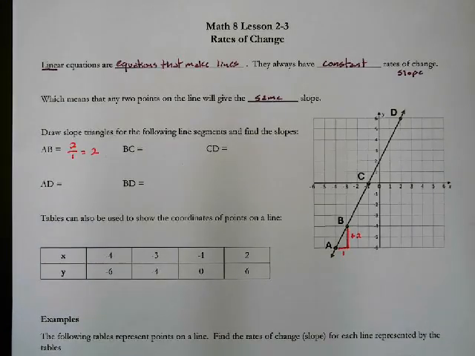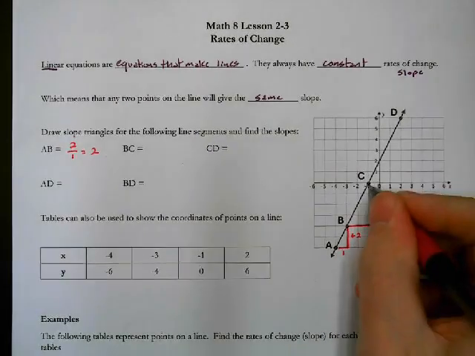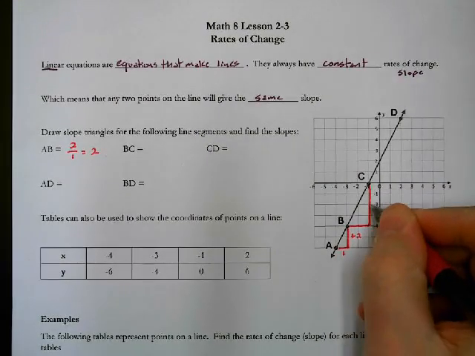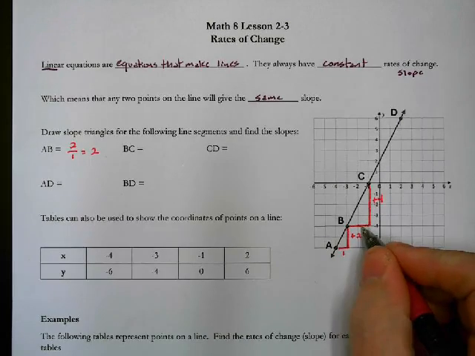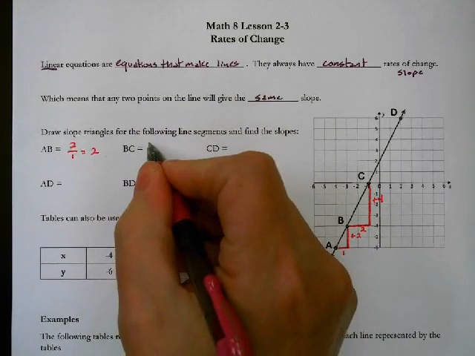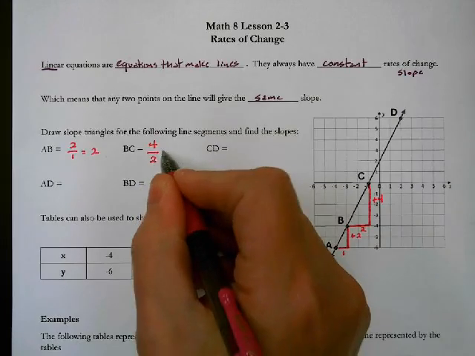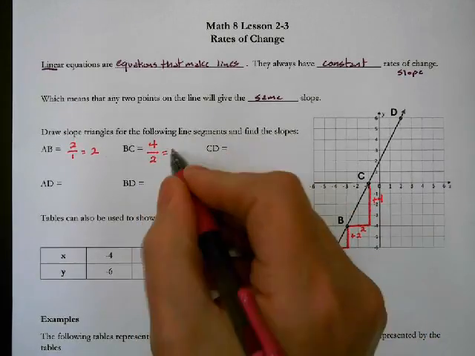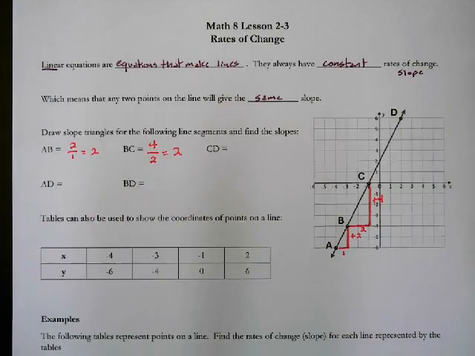Next one, B to C. It looks like 1, 2, 3, 4. It's increasing by 4 on the y-axis and increasing by 2 on the x-axis. So my slope, the change in y is 4, the change in x is 2, rise over run. But this also reduces to 2, same exact slope.